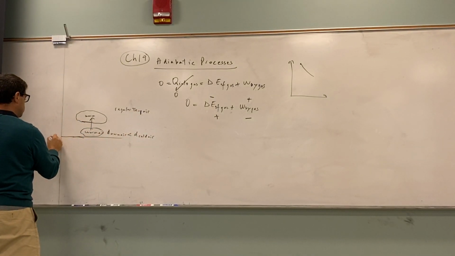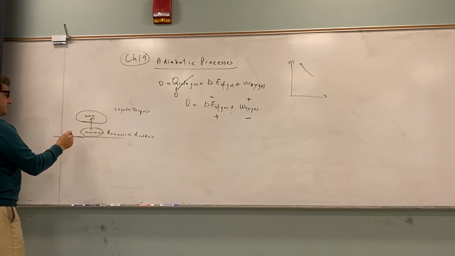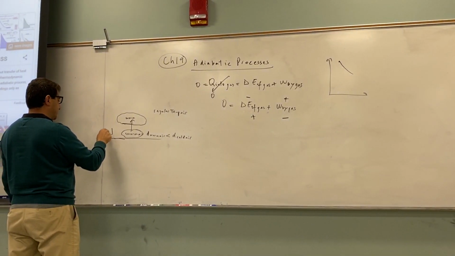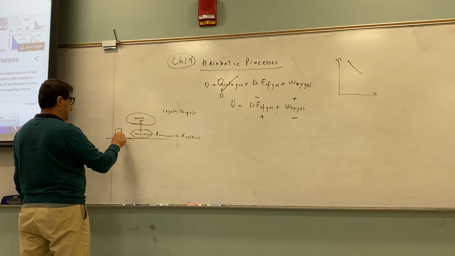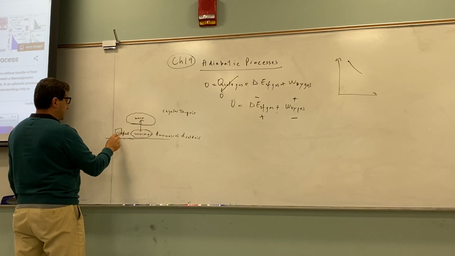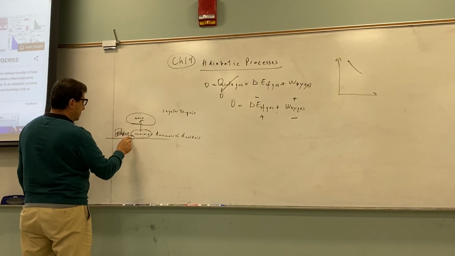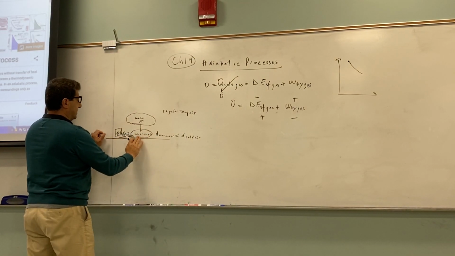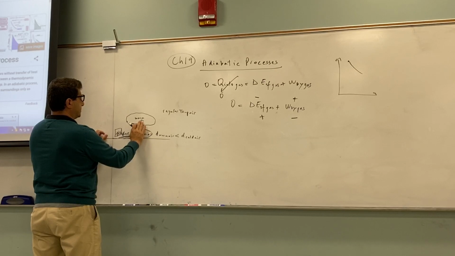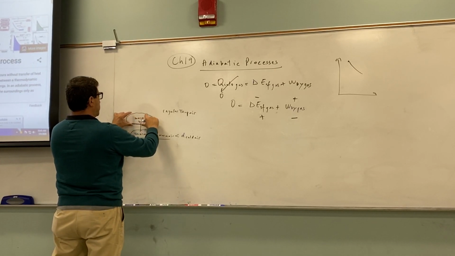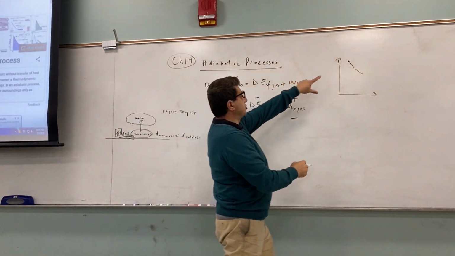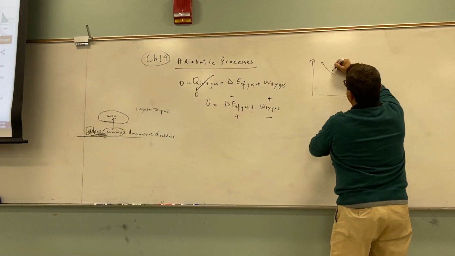Let's say this is your house, and you have a fireplace here. The fireplace is heating up the air on the bottom, right? And then the warm air starts to rise because it's less dense. Then it pushes on the regular temperature air, so it's starting to expand. So it's going this way on the PV diagram.